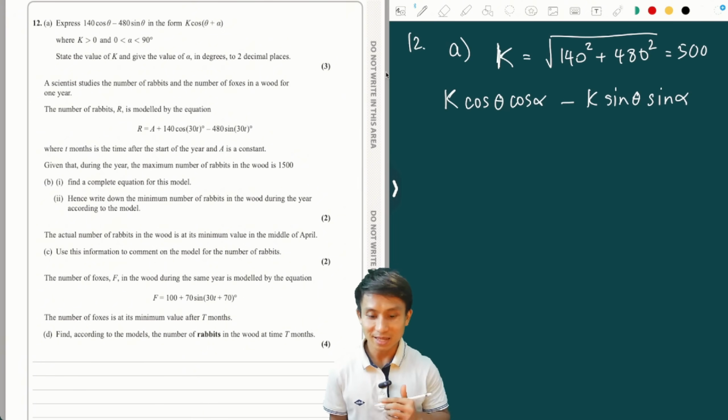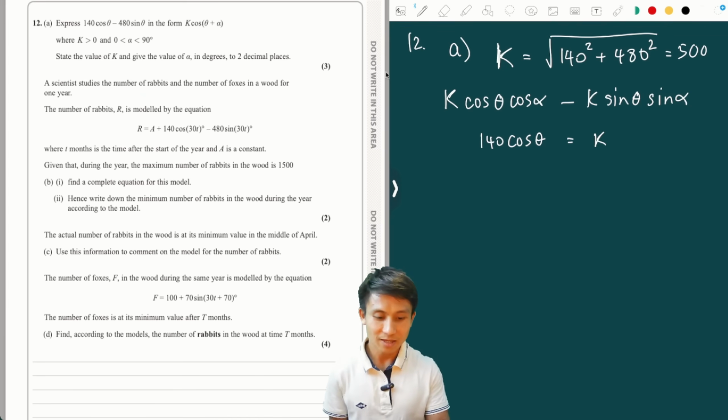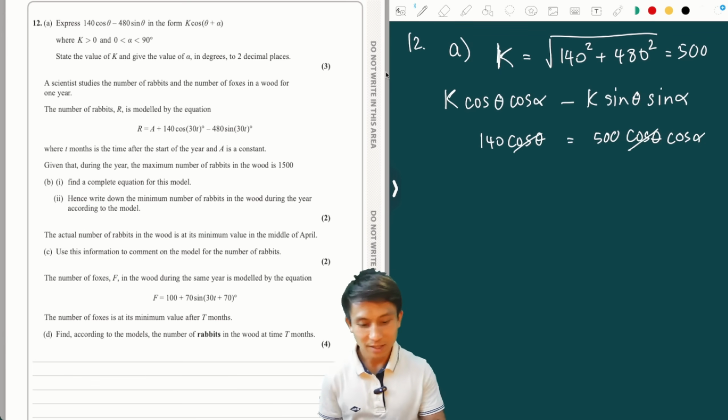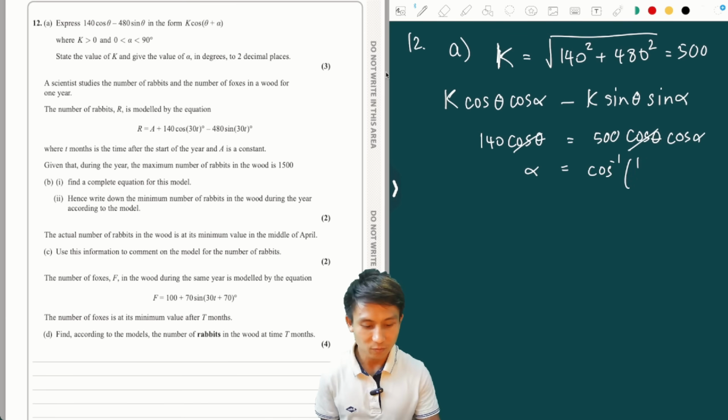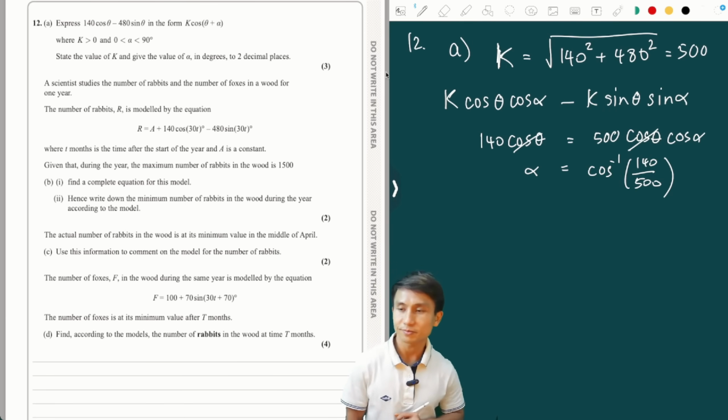And we can see that 140 cos theta must be the same as k, which is 500, cos theta cos alpha. Well, the cos theta cut out like that. That means alpha would be arc cos of 140 over 500.